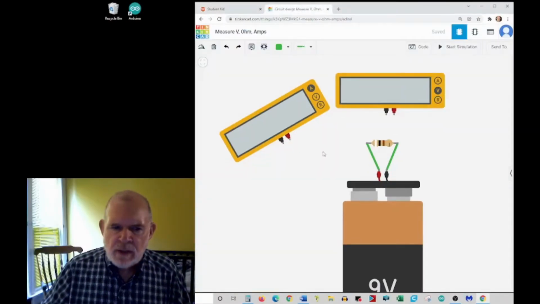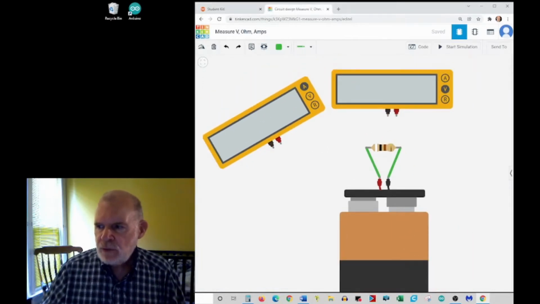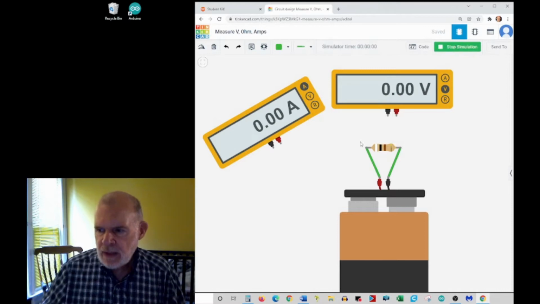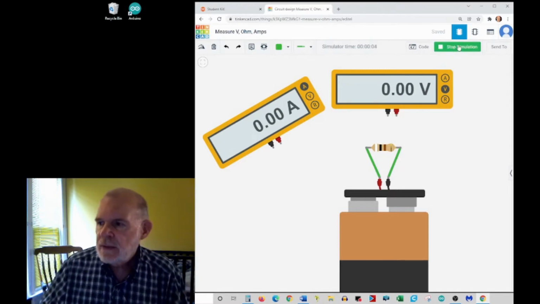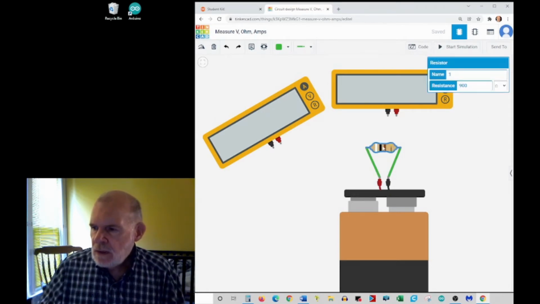So for example, here is a resistor in a circuit. Now I can start simulating, but it doesn't show me anything because I can't see the electrons flowing around the circuit. But I know the resistance.